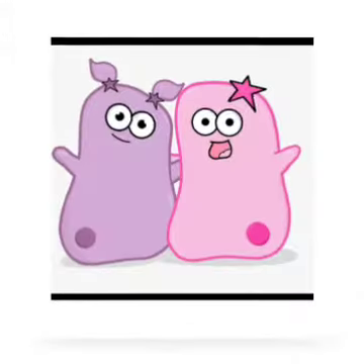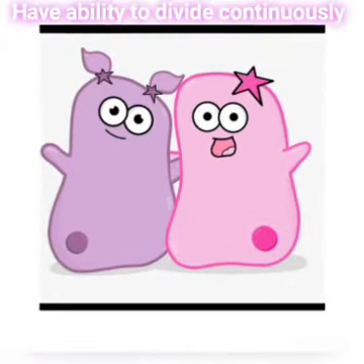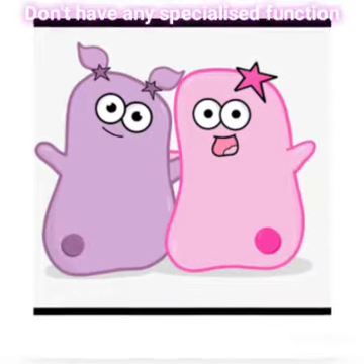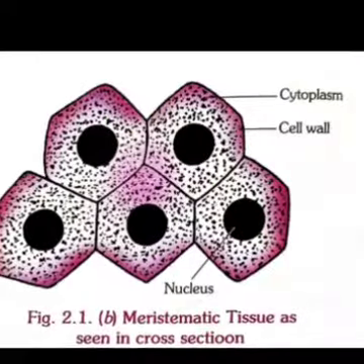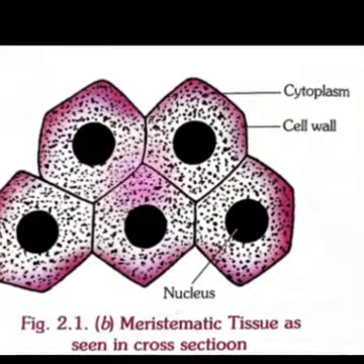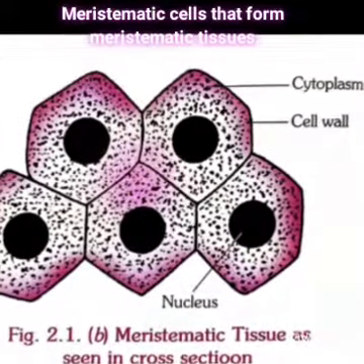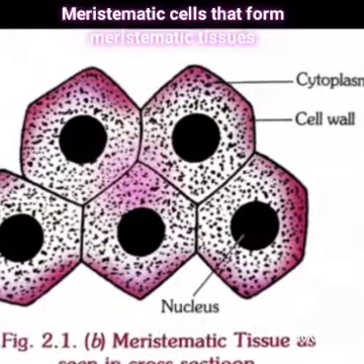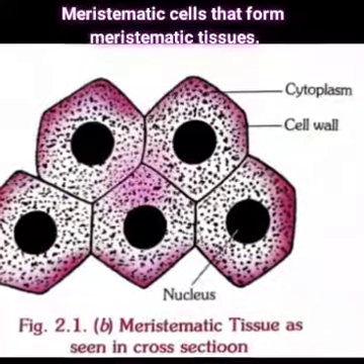These cells are young, immature, and have the ability to divide continuously. They don't have any specialized function other than growth. These special cells are called meristematic cells, and the tissue that these meristematic cells form in the plants is called meristematic tissue.